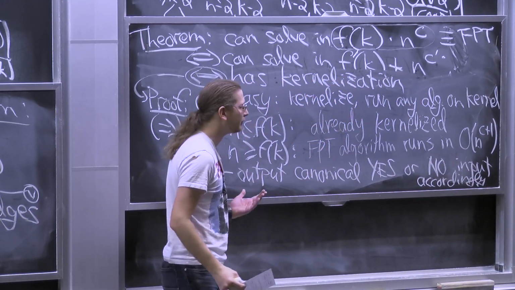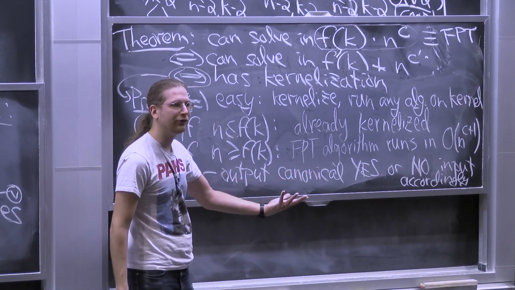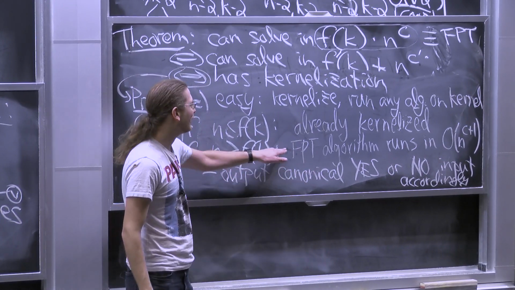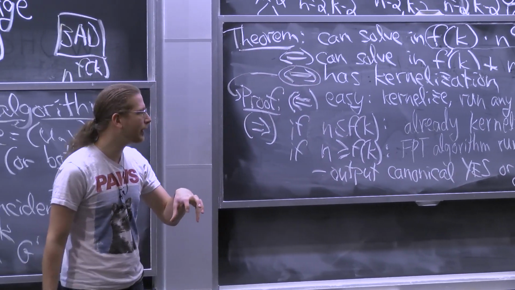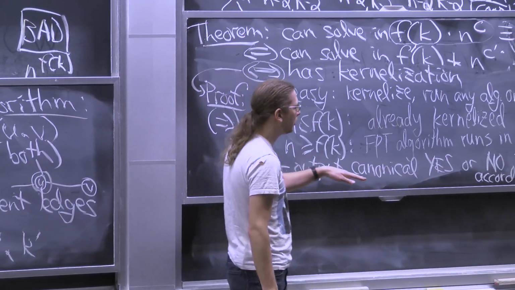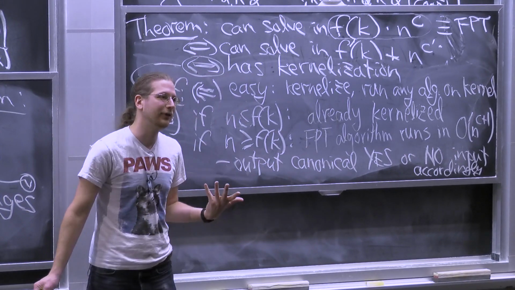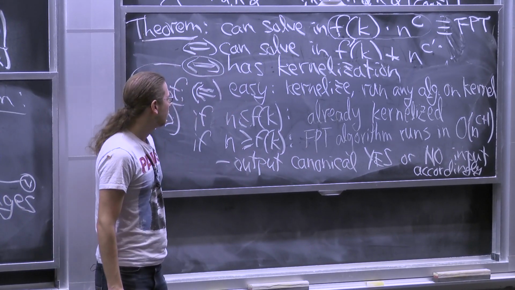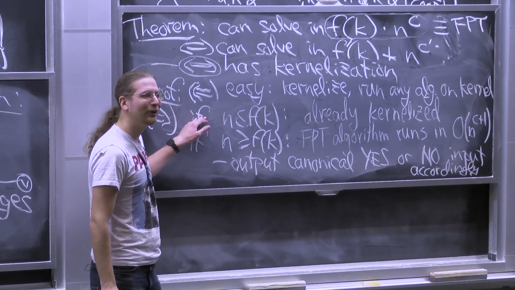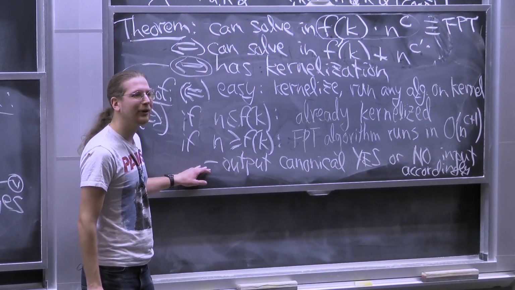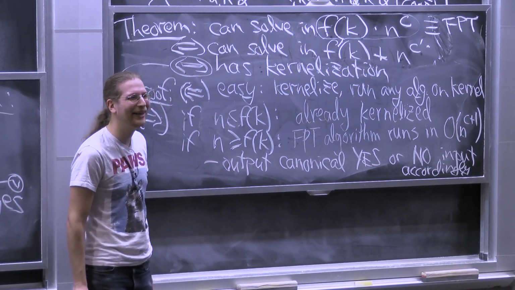If the FPT algorithm says yes, I'm going to output one input of the problem where the output is yes. I know that one exists because this algorithm said yes. So in a constant amount of space, I'm able to write a yes input, or in a constant amount of space, I write a no input. So the new kernel will have constant size, which is smaller than f of k. OK, that's it. So either I output the same input that I was given, or I output something of constant size that encodes a yes or a no. So it's kind of trivial again.